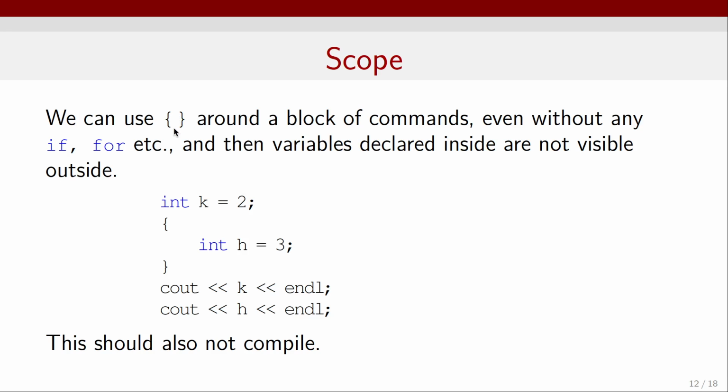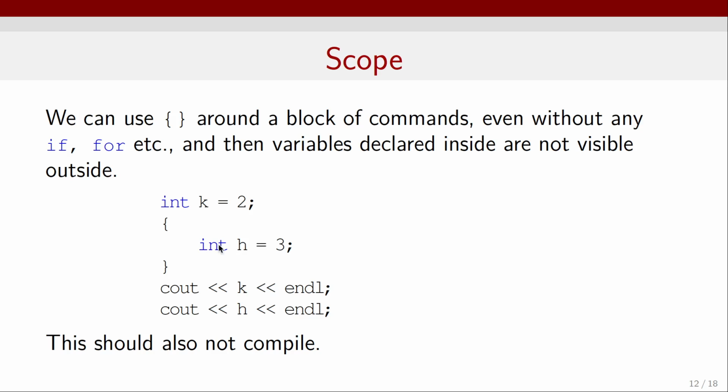One can use braces around a block of commands even without any if, for, and so on, and then the variables declared inside those braces are not visible outside. So for example, I can define integer k equals 2 and another integer h equals 3.